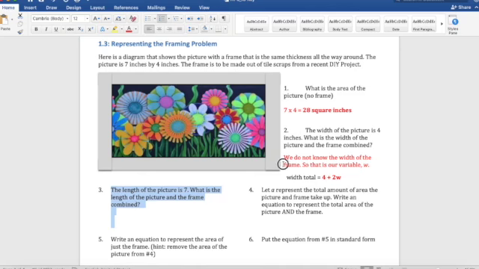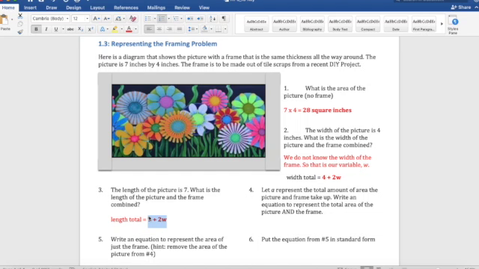Again, we don't know how wide the frame is, so the length total is 7 plus W plus W again. Whatever the width of the frame is, two of those. So that is my total length.